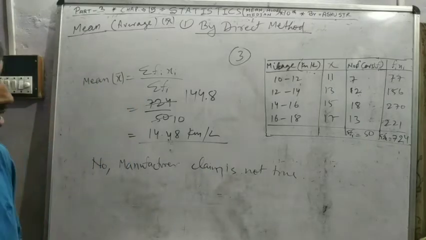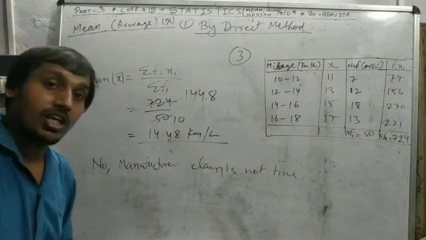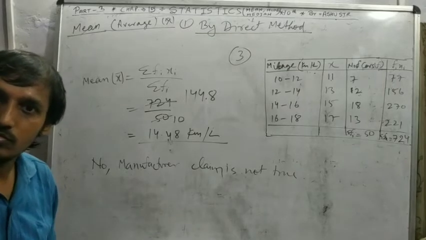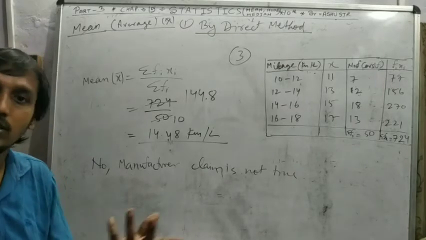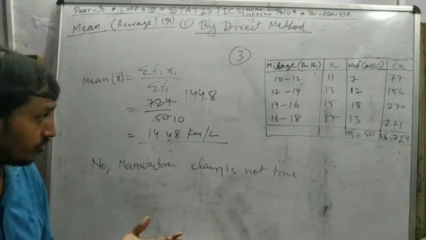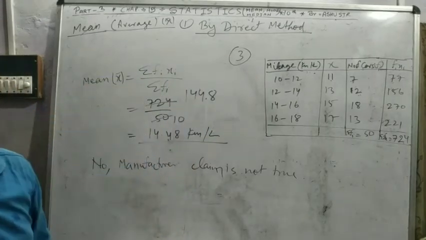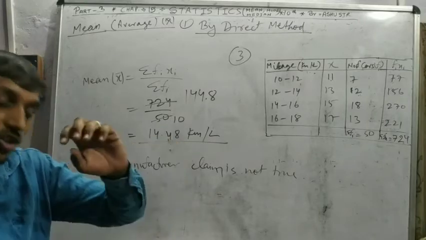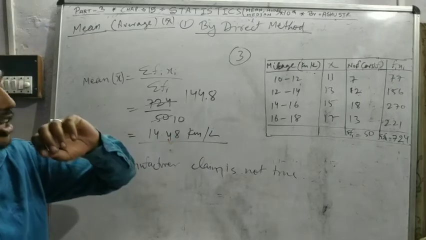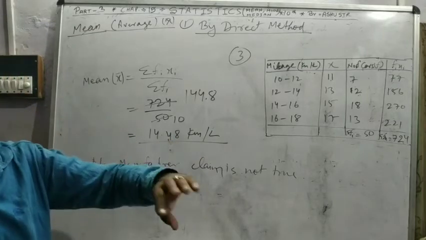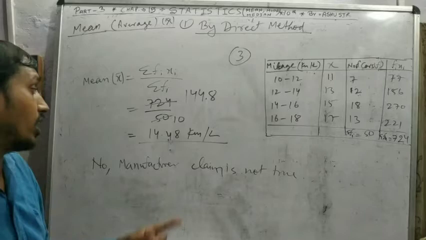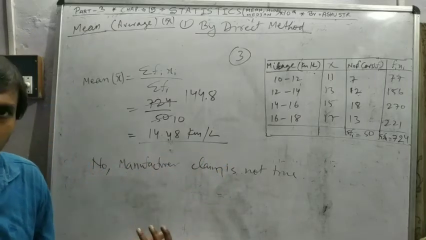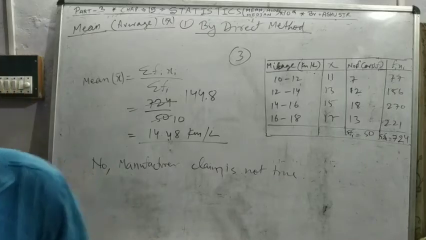A very good and awakened customer checked the mileage of the cars and proved that the manufacturer is wrong, so it can be corrected. My car manufacturer's cars are not giving 16 km per liter; it's giving only 14.4 km per liter average mileage. Okay, pause and note down.